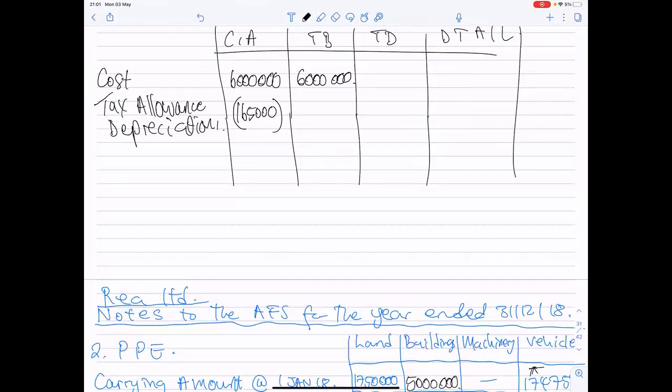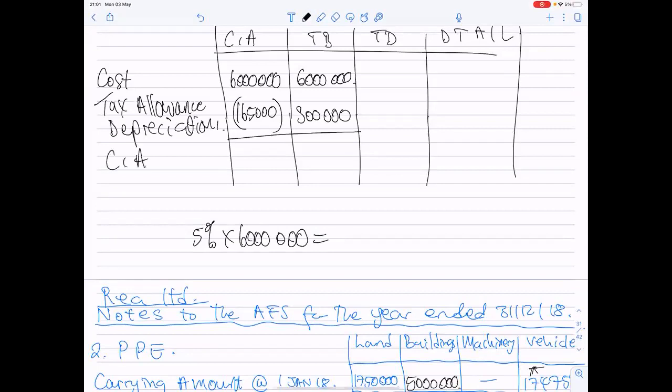Then the tax base, they said there is a 5% allowance on the asset. So it's 5% times 6 million. 0.05 by 6 million, we get 300,000. I just prefer to use the carrying amount at the end of the year.